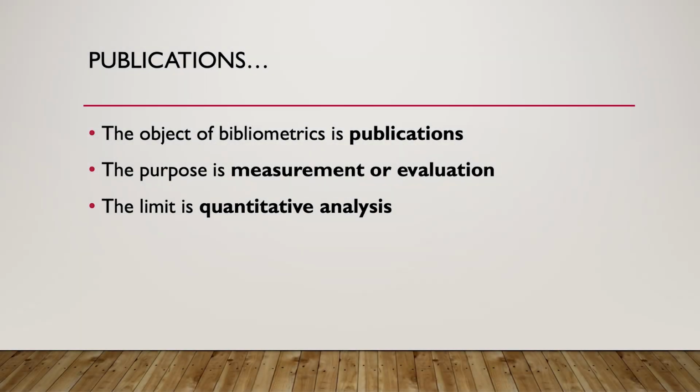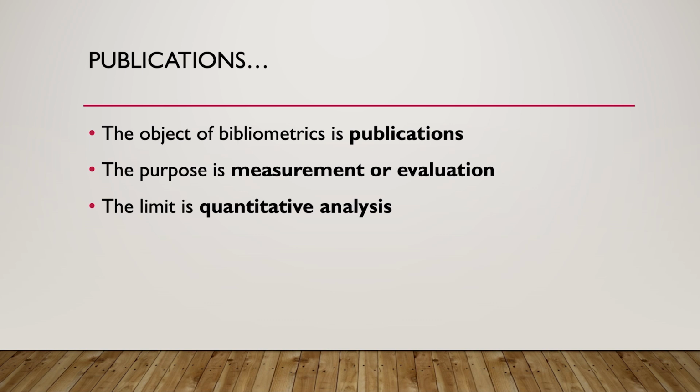So when we talk about bibliometrics, the sole object of bibliometrics is publications. In the old days, before Web of Science, we were counting publications in print volumes of Science Citation Indexes, or counting the publications of authors, labs, and research collaborations.